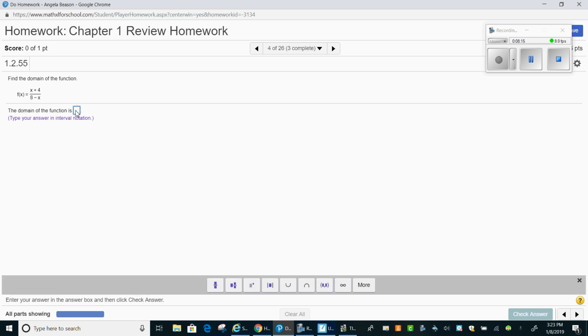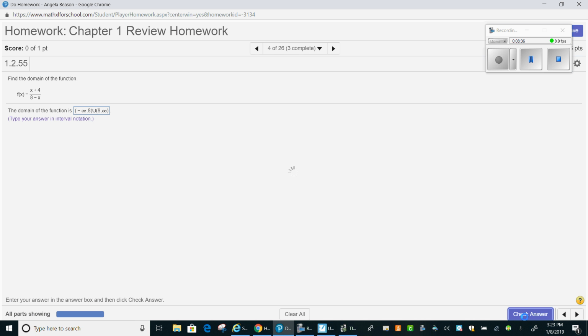So I say parentheses from negative, here's your infinity key, infinity, whoops, I put it twice, to 8, and then union, this symbol is a union, from 8 to infinity. That should be the domain of this function.